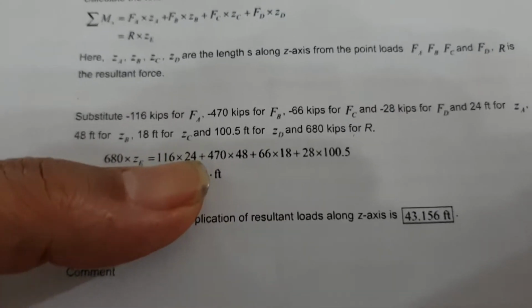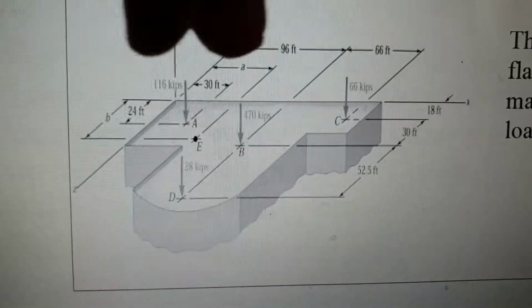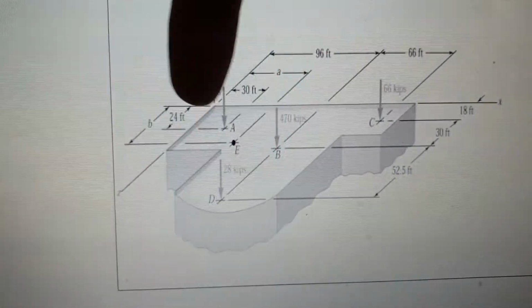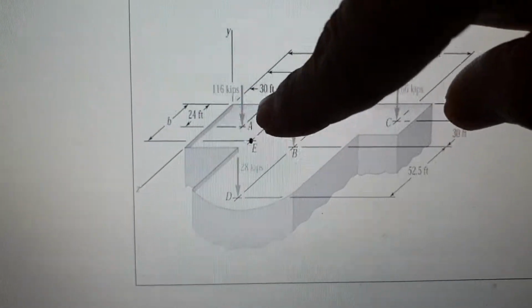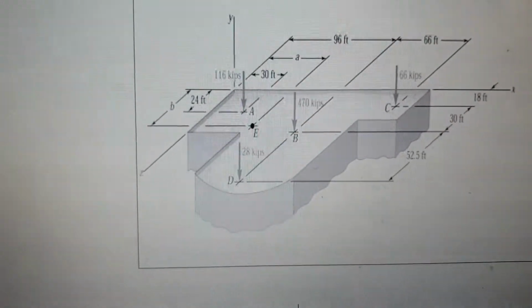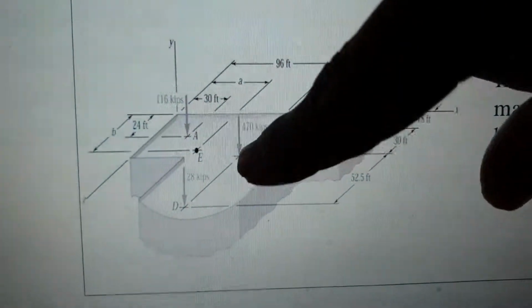That is from the x-axis, because you can see that here there is x and there is z. So you are going in the z direction toward the x. So it's 24 feet toward the x. You can see 24 feet toward the x. So this is 116 times 24. Let's go for the 470. Where's the 470? It's here.